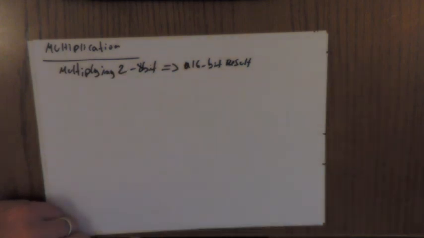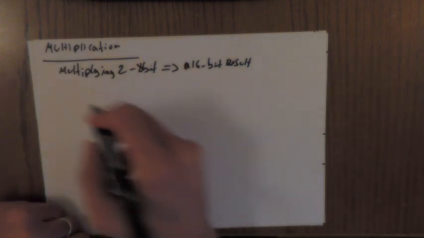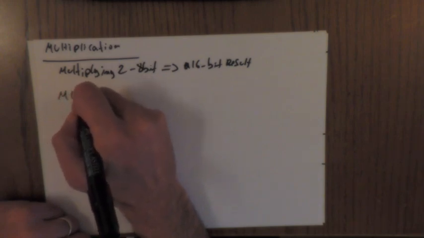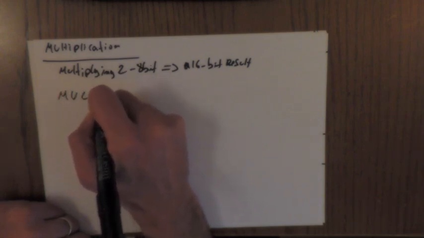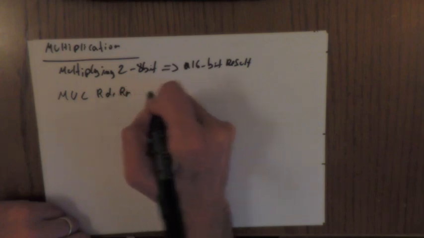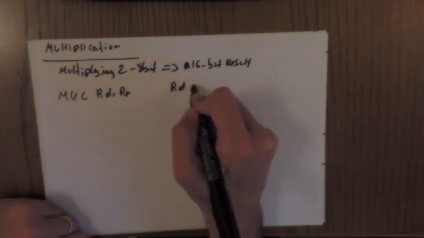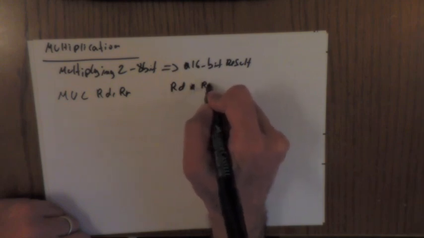I'm going to demonstrate this in a while. The instruction for multiplication is MUL, which takes Rd and Rr. What this does is it multiplies Rd times Rr.